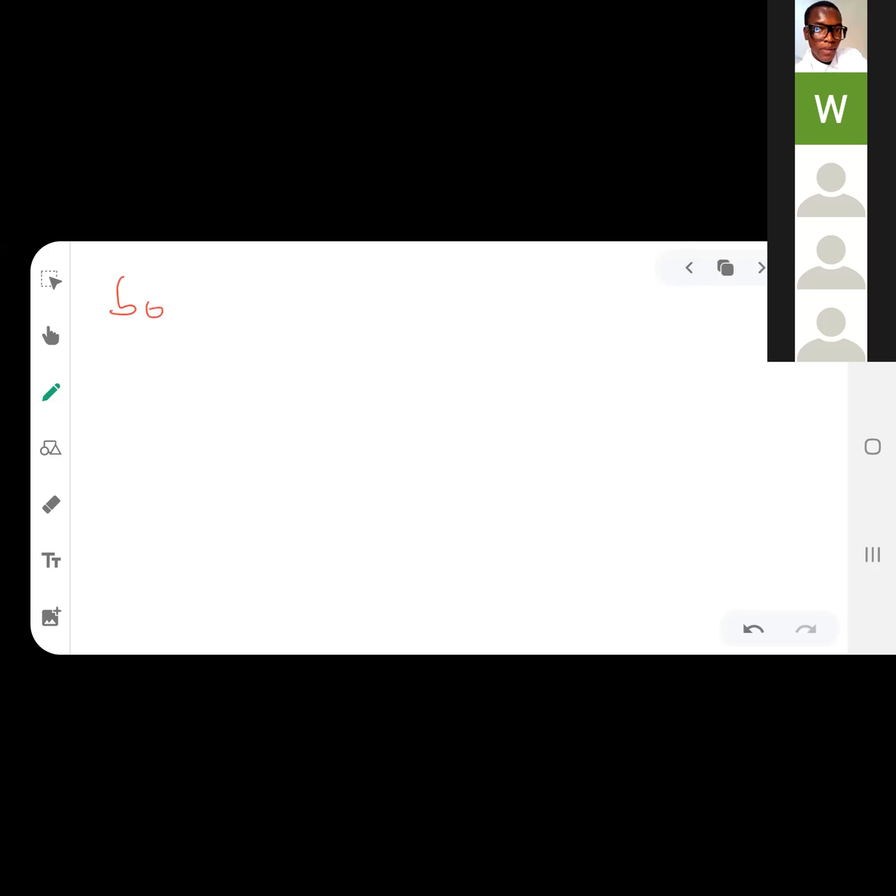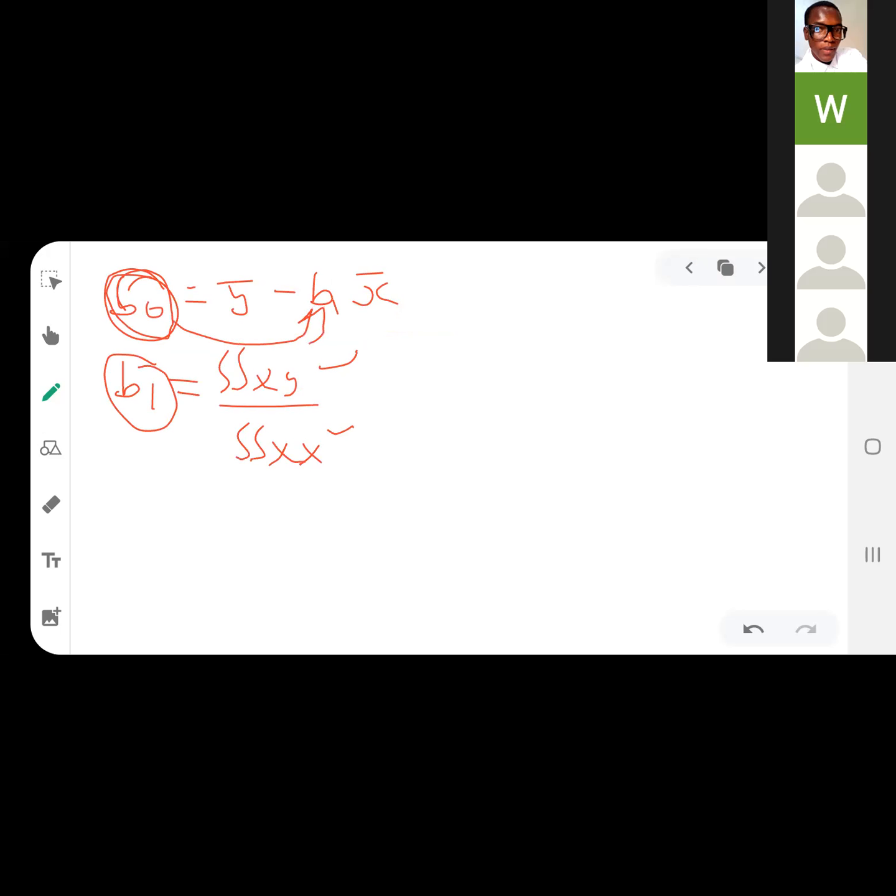We know that B0 is equal to Y bar minus B1 X bar, whereas B1 is SSXY over SSXX. There's no way you can calculate B0 first without calculating B1, because when you calculate B0, you will need B1. So you are supposed to start by calculating B1 always.